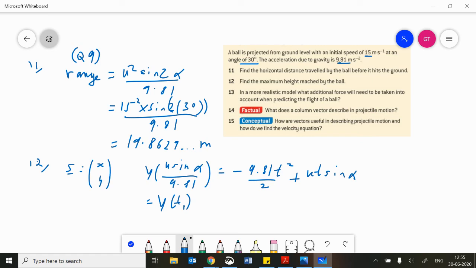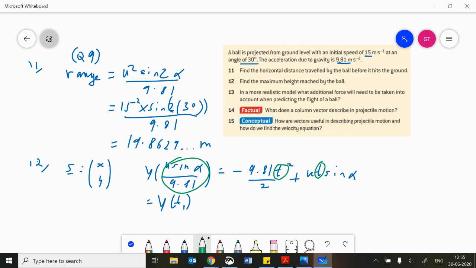Now that came from way back when, I think maybe question 4, where we worked out the displacement vector. So we're taking here the y from that displacement vector. And now we need to substitute in for this t. So the t needs to be replaced by this thing here.